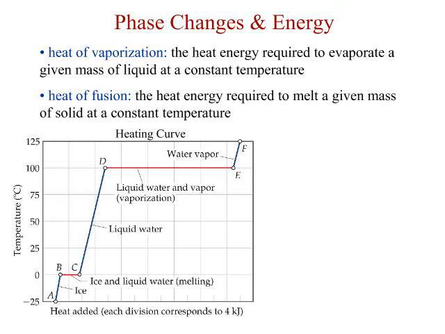Some time ago, in chapter 6, we looked at something like this. This is a graph called a heating curve. Remember, this heating curve is made for water, H2O. We start down here at the bottom with a sample of ice, and if we apply heat, the temperature goes up, and then we get to point B, which is the normal melting point of ice, and then the ice melts.